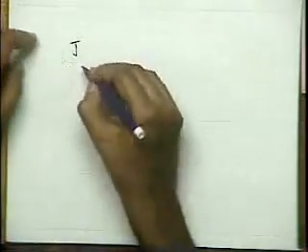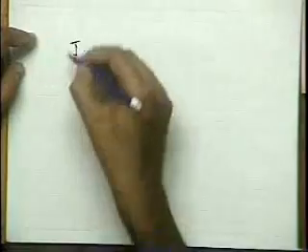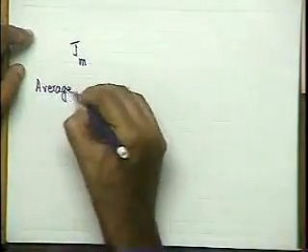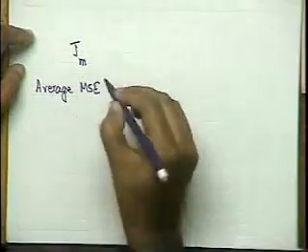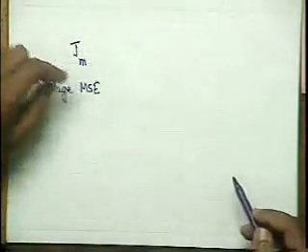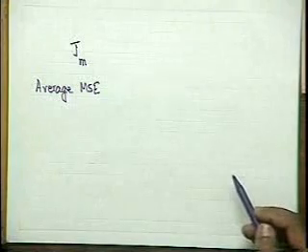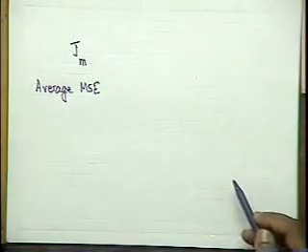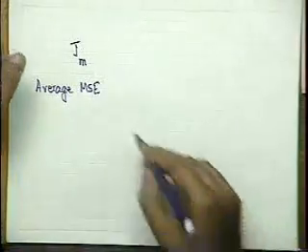Let me represent the problem a bit more analytically. Let me write the average mean square error. This Jm which I am writing is the average mean square error, and I am indicating the suffix m because the error comes from keeping only m terms out of capital N diagonal terms.